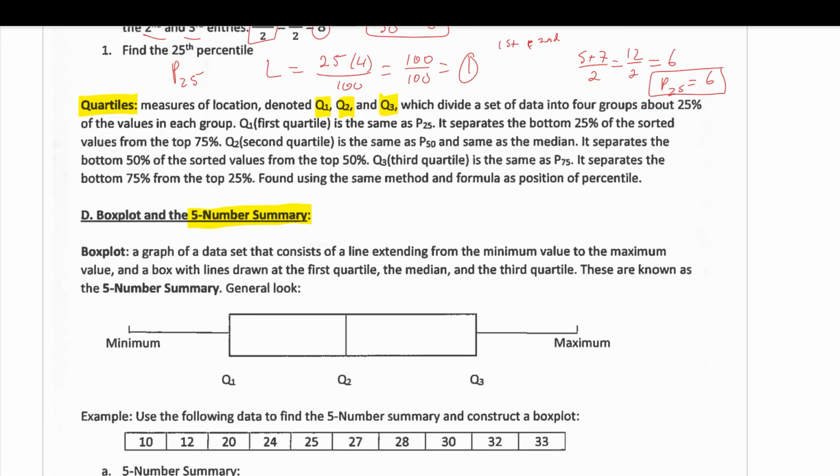Your 5-number summary is your minimum value and your maximum value, and then your 25th percentile, 50th percentile, and 75th percentile, which are also known as the first quartile, second quartile, and third quartile. All right, so this is the 25th percentile, the 50th percentile, and the 75th percentile.